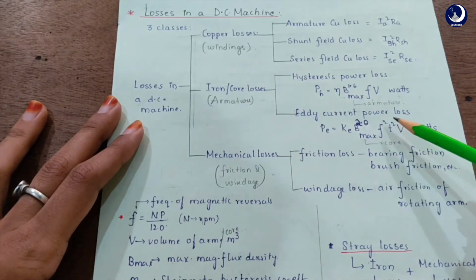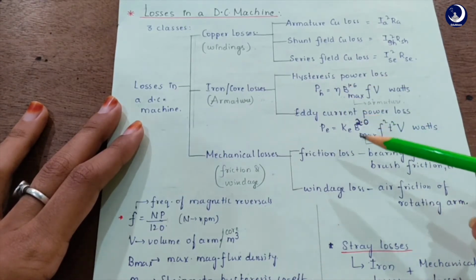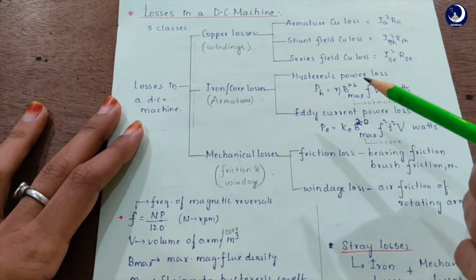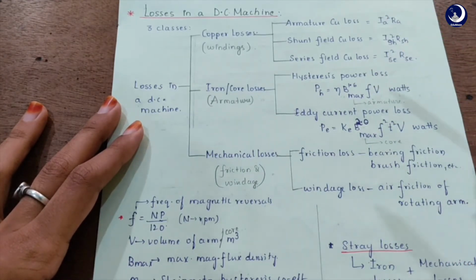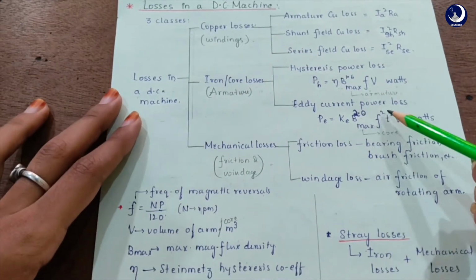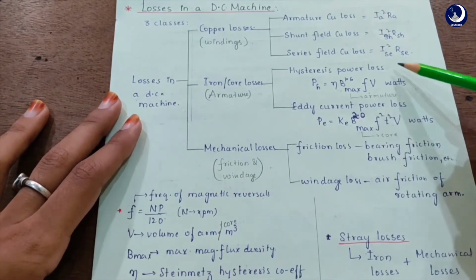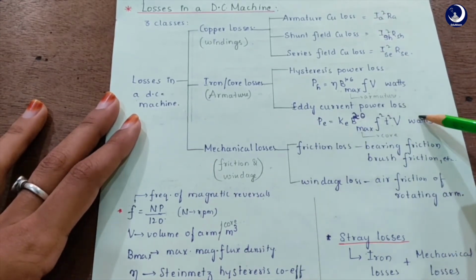The armature core is built up in thin laminations, insulated from each other by a thin layer of varnish. So the lamination thickness is given by t, and V is the volume of the core.